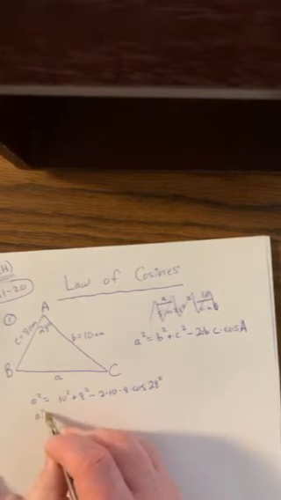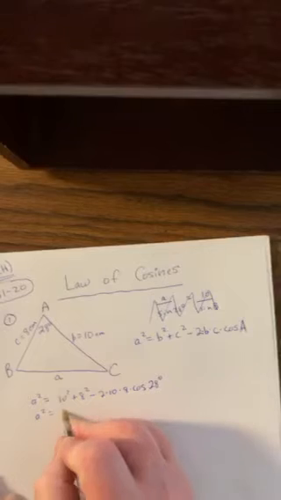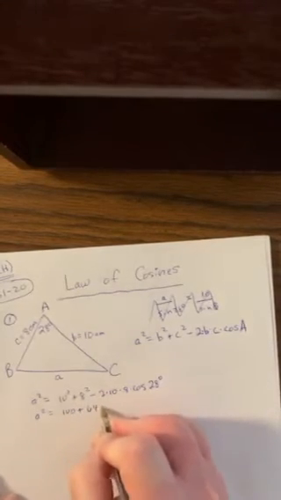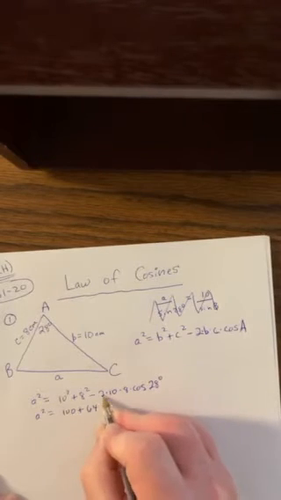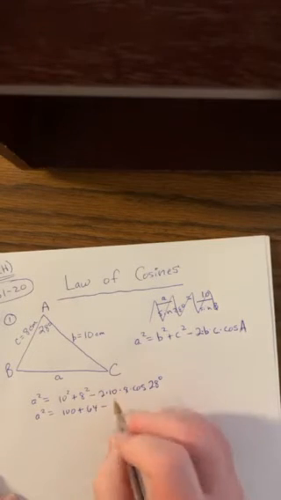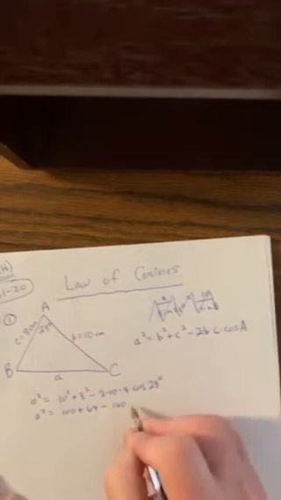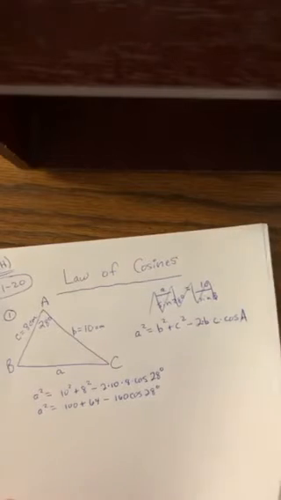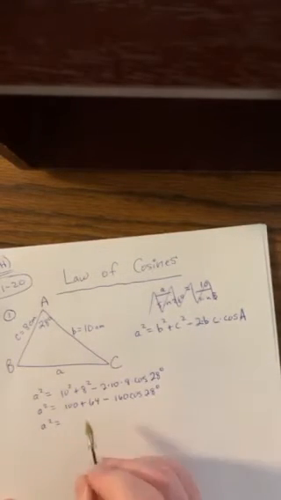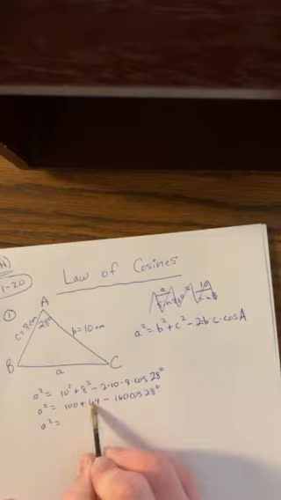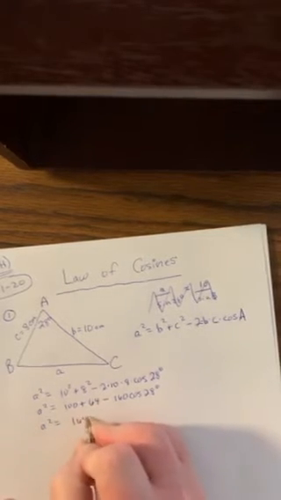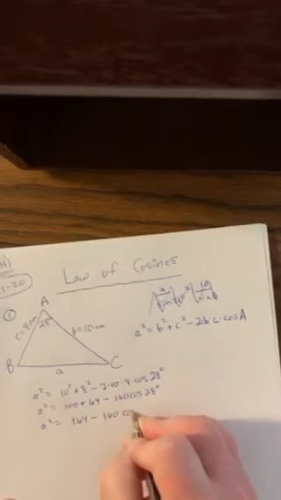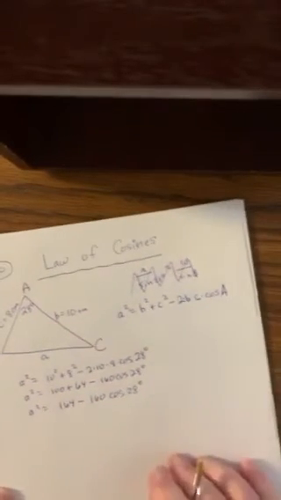Cleaning that up just a hair, 10 squared would be 100, plus 8 squared is 64, minus, now we've got 2 times 10 times 8, so that's 20 times 8, which is 160, cosine of 28 degrees. So a squared equals 100 plus 64, which is 164, minus 160 times the cosine of 28 degrees.